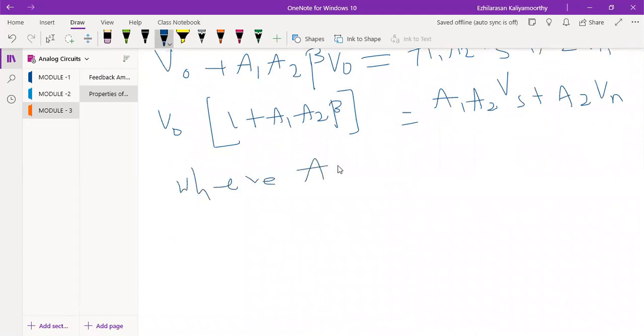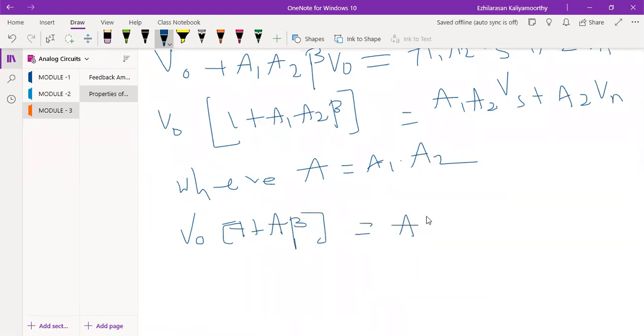That is, where A is equal to A1 dot A2. This we have seen previously. So V0 into 1 plus A into beta is equal to A into Vs plus A2 Vn.